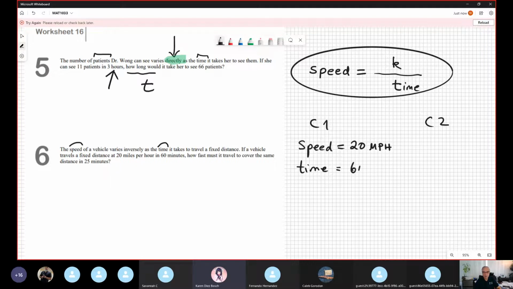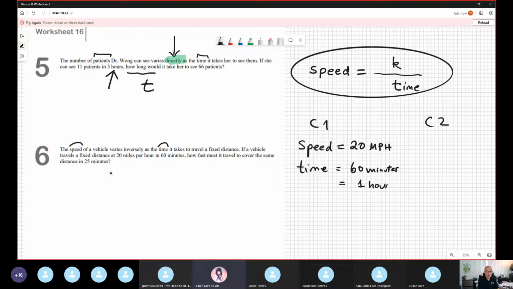It's 60 minutes. Well, the thing I try to illustrate with this word problem is that to compute everything, we need to match the units. Because the speed is given in miles per hour and the time is not given in hours, so we have a big problem. But I know that 60 minutes is 1 hour. It's equivalent.